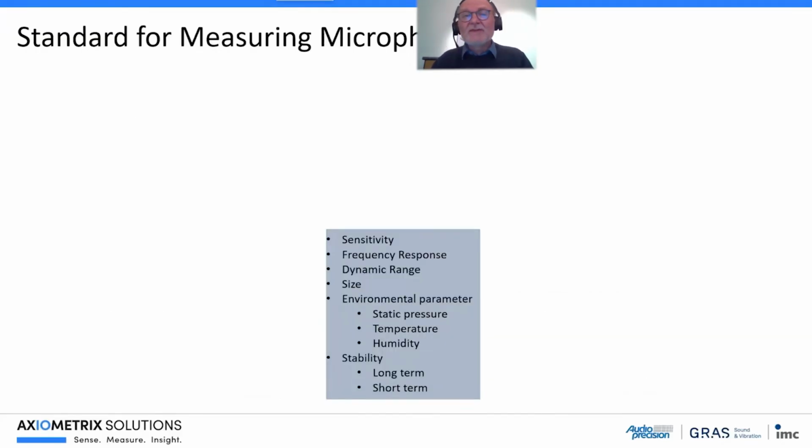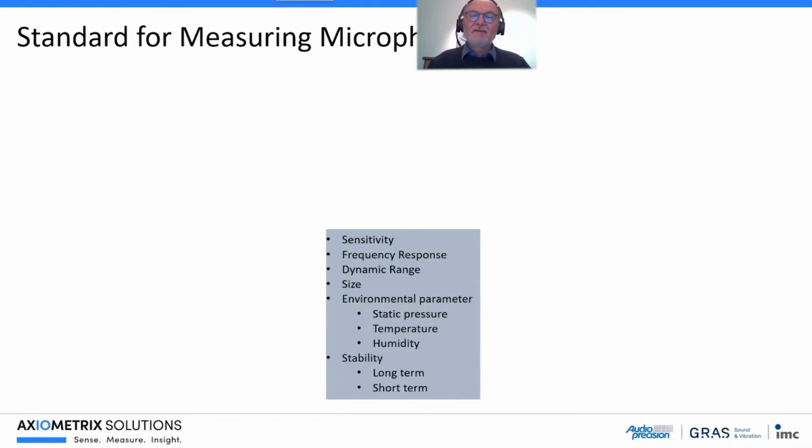If we look into the standard, it describes a lot of different parameters around the microphones. It describes the sensitivity, so the sensitivity of the microphone has to be within a certain range. It describes the frequency response, which also has to be within a certain level. It also describes dynamic range and the size of the microphone.